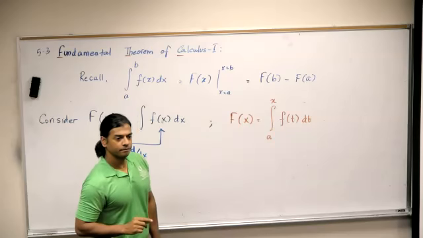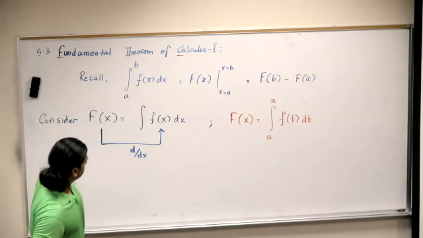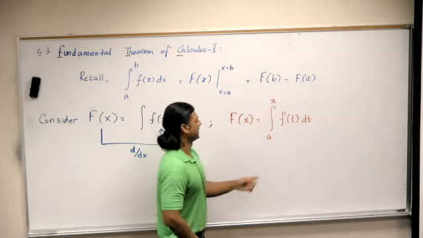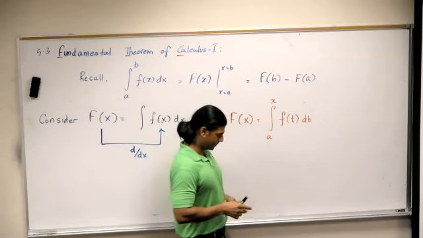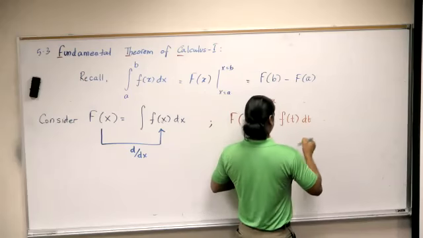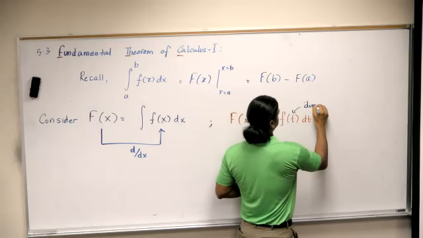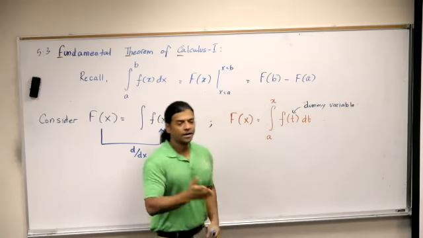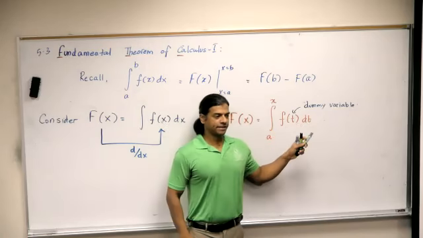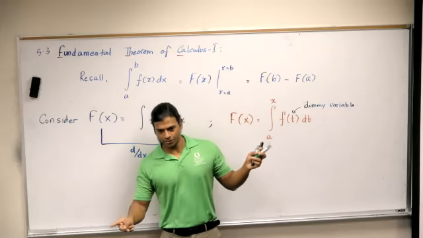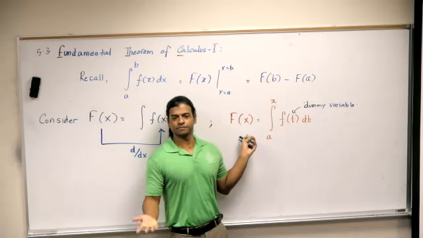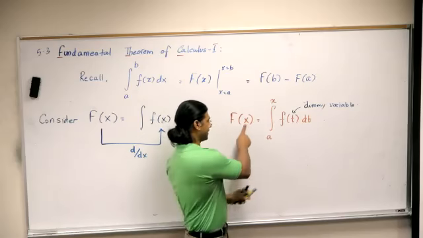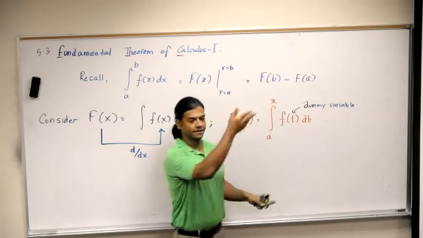So this t is what we call the dummy variable. Mind you, once I integrate and plug in the upper limits and lower limits, I'm going to get a function of x. Yes? Which is why this is x and that's t. You don't get this x until you apply the limit.